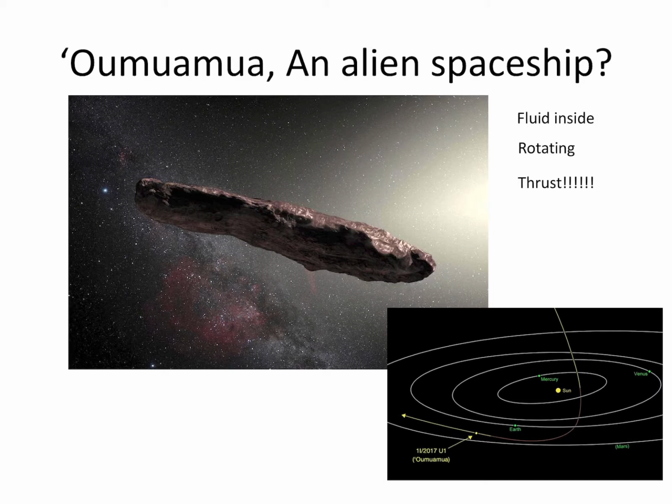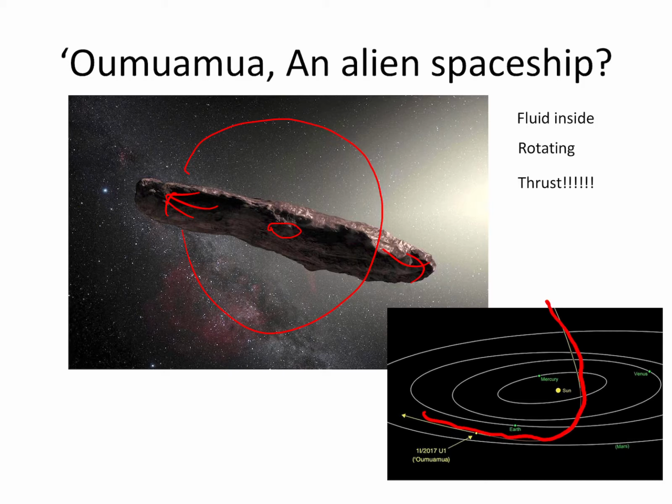From scientific observation, they believe there is fluid inside this aircraft carrier size object, and it looks like it's doing a gravitational slingshot around our sun and is rotating, so it will create artificial gravity. We discussed it too.